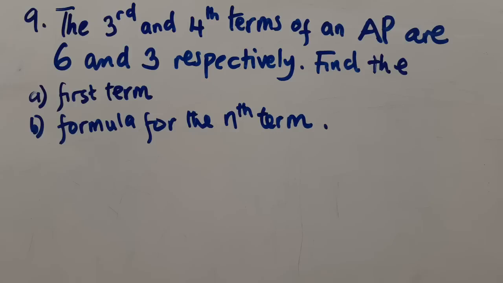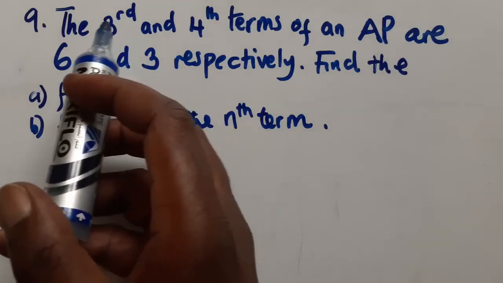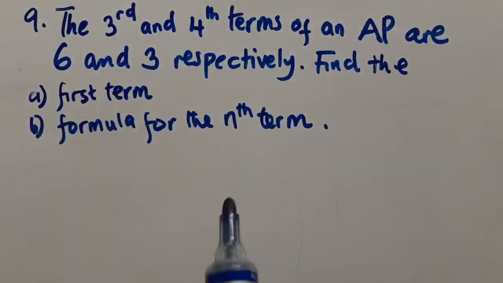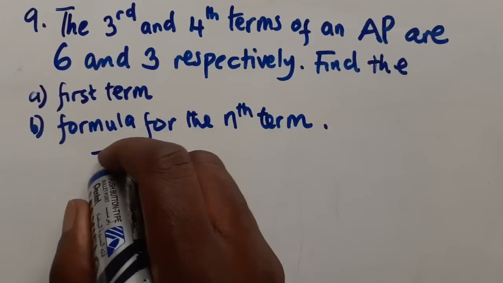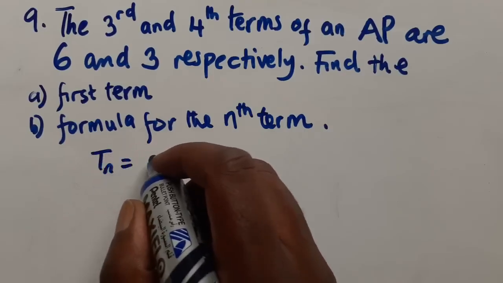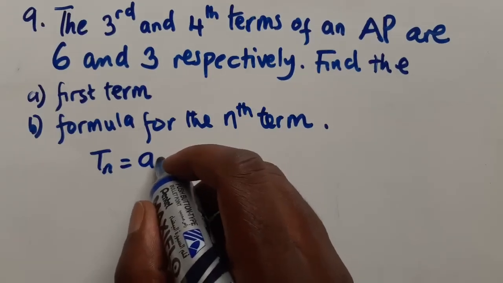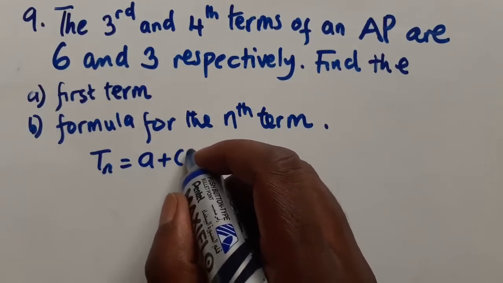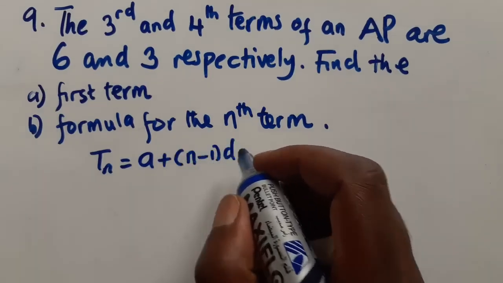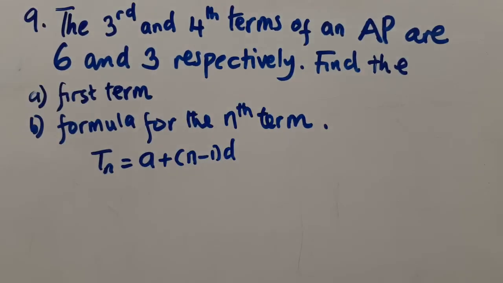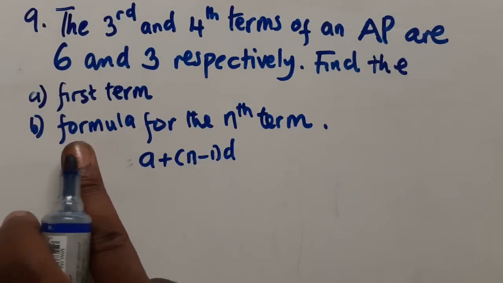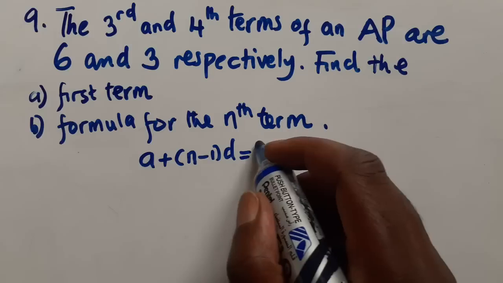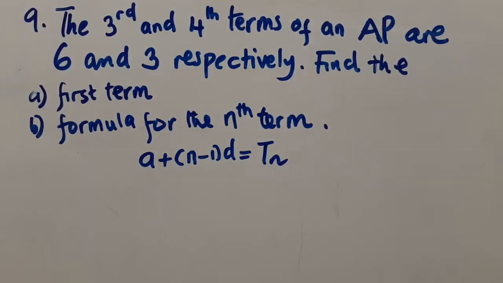So we need to understand these things here. The formula that we use to find the nth term of an AP is Tn = a + (n-1)d. Take note of that.